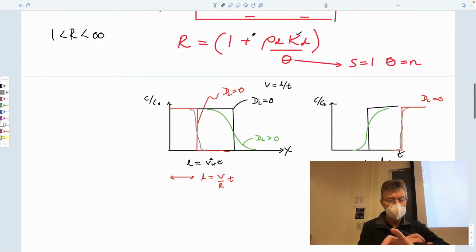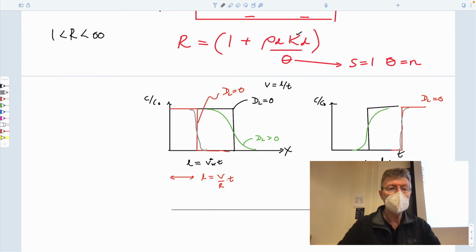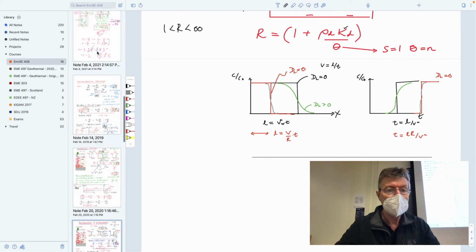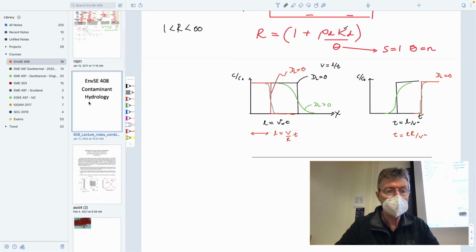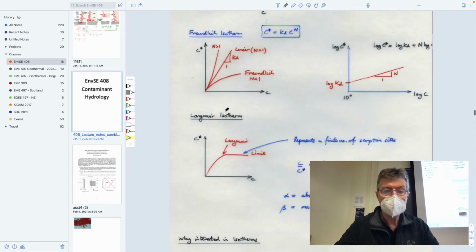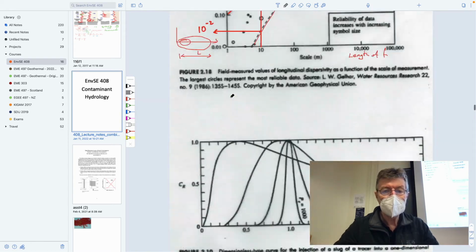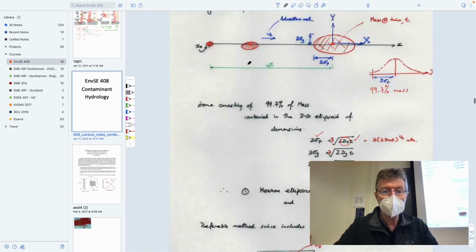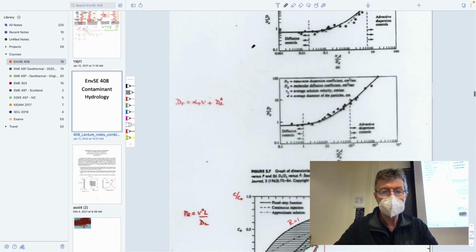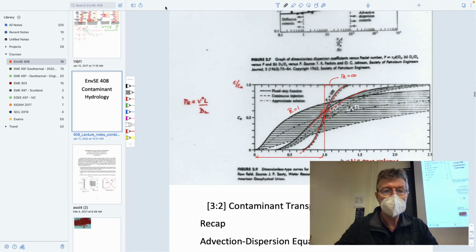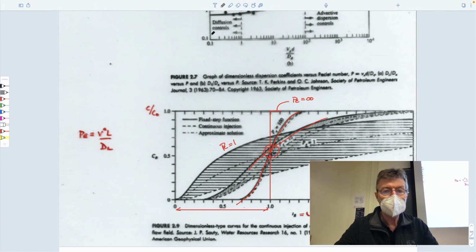To make that point, you remember that last time we talked about in our notes, if we go back to the end of 3.1, we have this figure out of Fetter, this equation here.